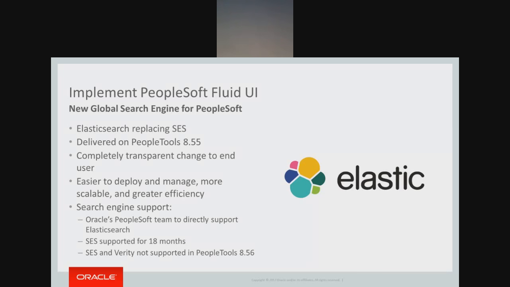So if somebody attaches a Word document, Elasticsearch will actually get into that Word document and you'll be able to search off of terms within it. So that's a game changer, I think, from an ERP standpoint. I don't know if there's another ERP system that provides that type of functionality to be able to drill into documents from the search page.